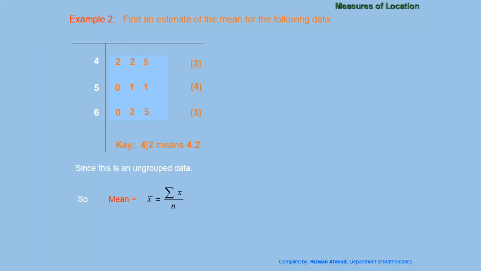That means we will add all these values, 4.2 plus 4.2 plus 4.5 plus 5.0 and so on, and then we divide by the total number of values, which are 3 plus 4 plus 3. 3, 4, 3 are the frequencies of each class here.